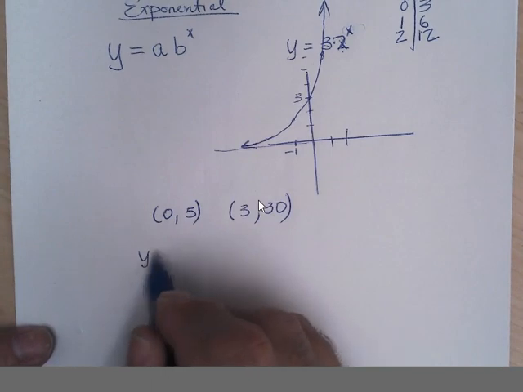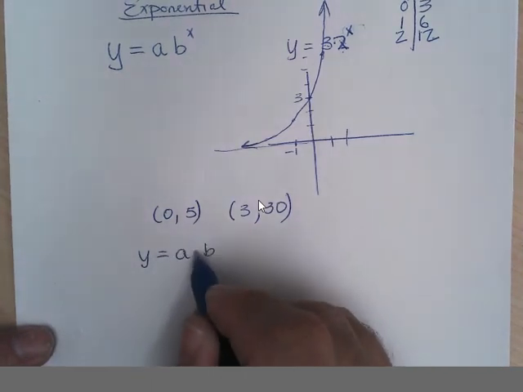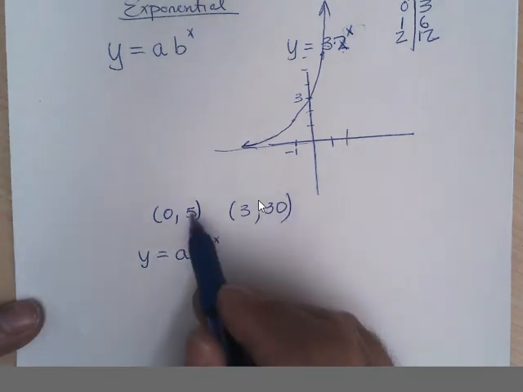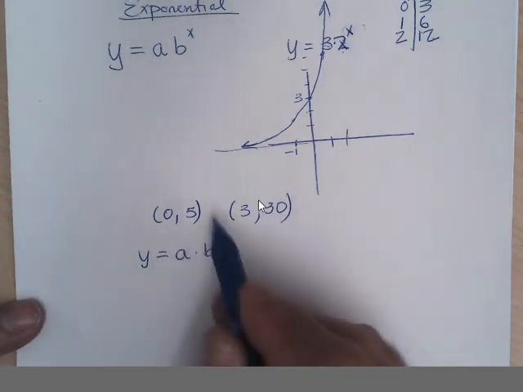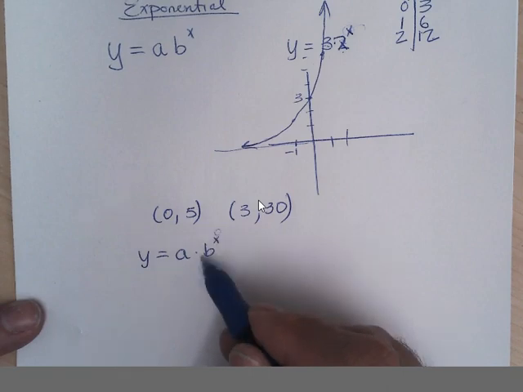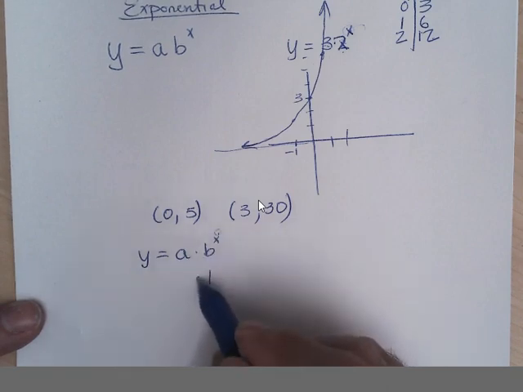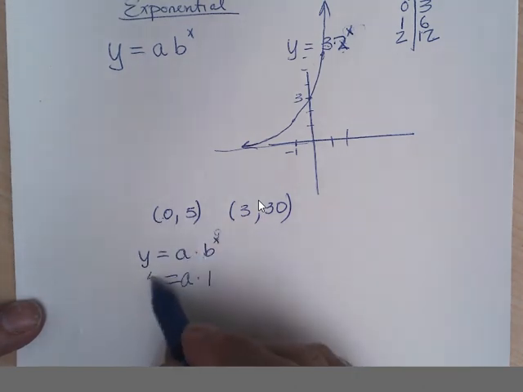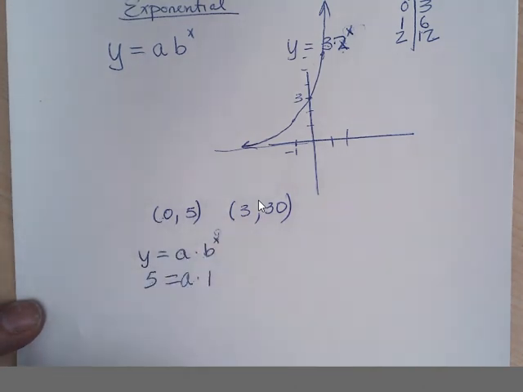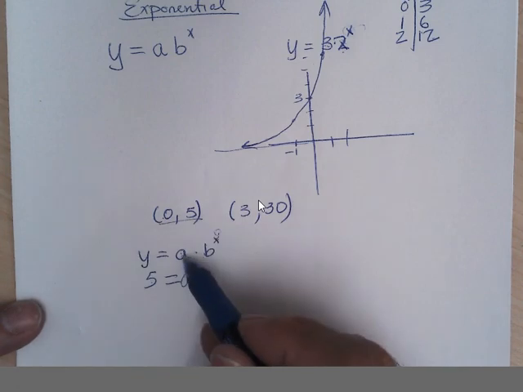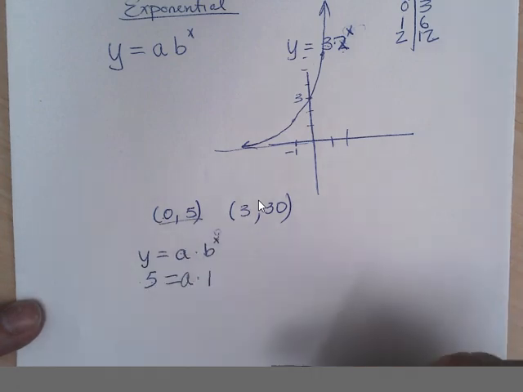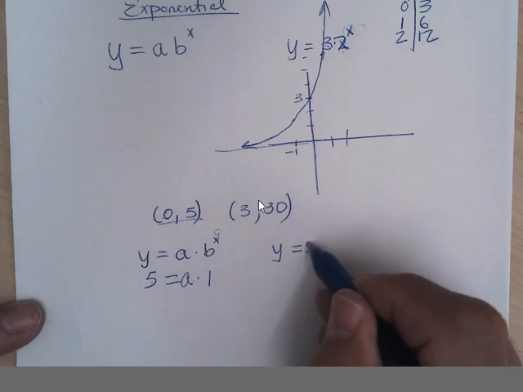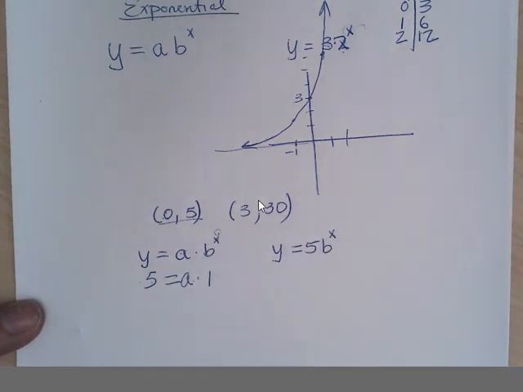Well, if it's y equals a times b to the x, if x was 0, b to the 0 is 1 times a, and if I'm putting in 0, I'm supposed to get 5. This would tell me a is 5. A is always the y-intercept. So the equation so far would be 5 times b to the x.